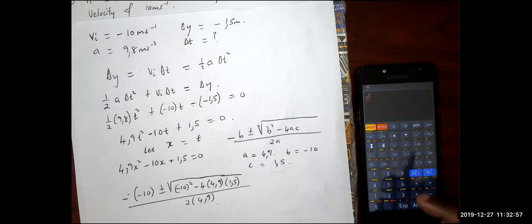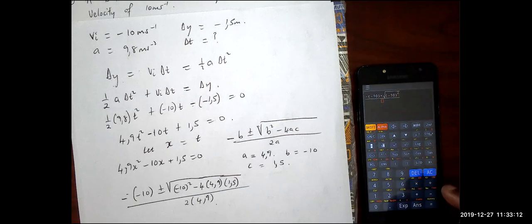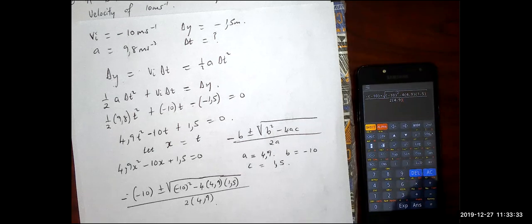Minus 10 plus the square root of minus 10 squared minus 4 times 4.9 times 1.5, then you go down there, 2 times 4.9.